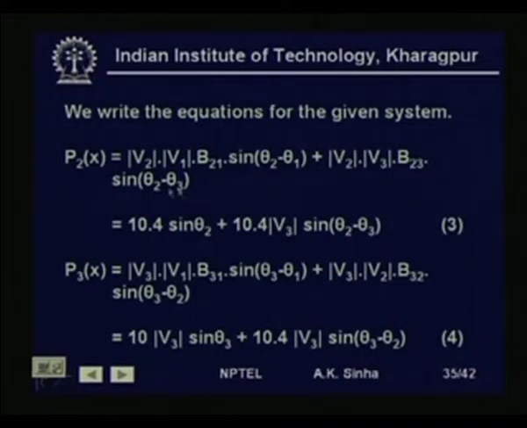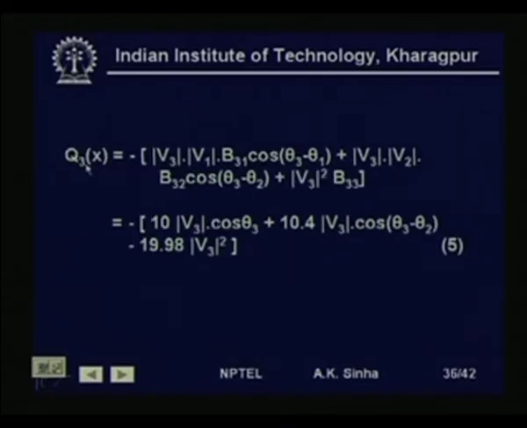Now, we can calculate the value of injection at bus 2 and bus 3 using the values of V and theta or delta, that is the phase angle, using the expression for real power injection at bus 2 and 3, and similarly the reactive power injection at bus 3.